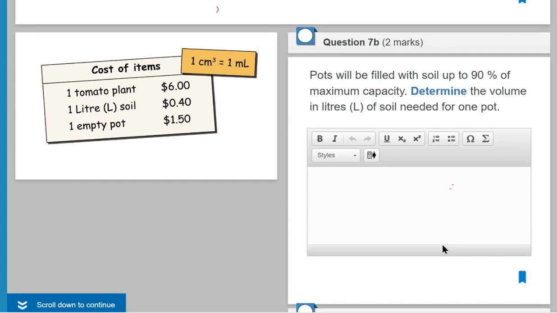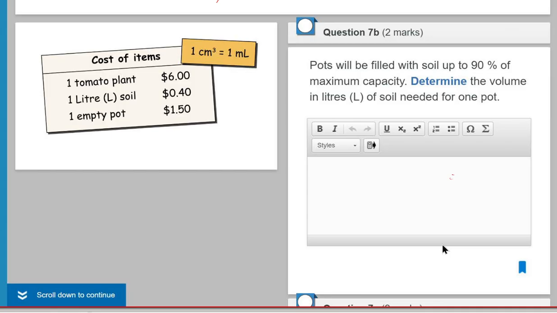Pots will be filled with soil up to 90% of maximum capacity. So determine the volume in liters needed for one pot. 90% of maximum capacity. So the volume that we had was 23,829, right?